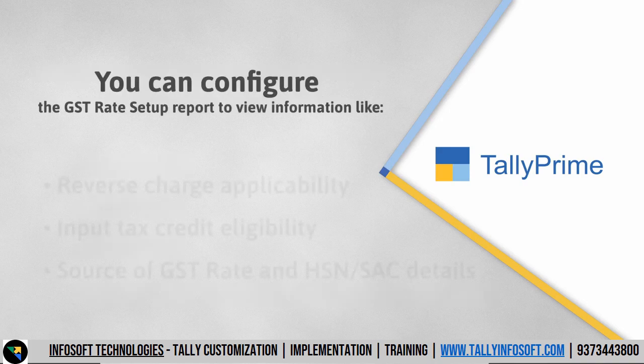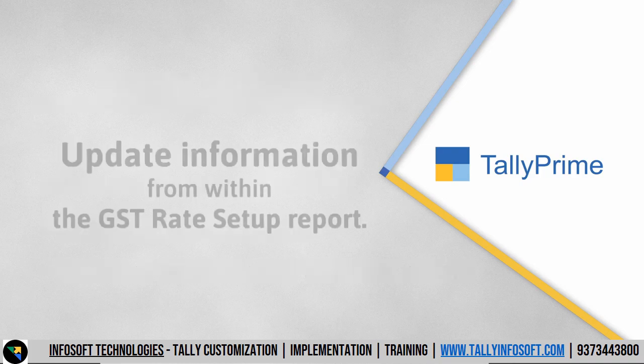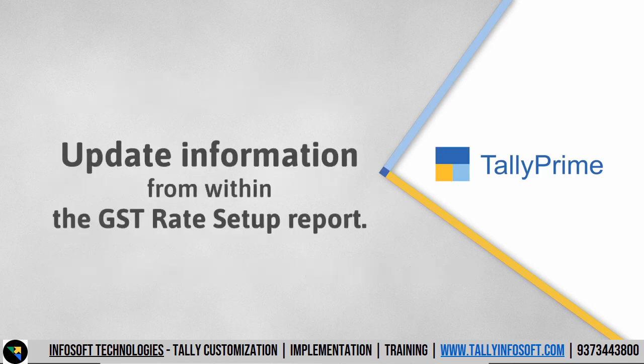What's more, you can also configure the report to view more information such as reverse charge applicability, input tax credit eligibility, or source of GST rate and HSN or SAC details. And you can update any information from within the report as needed.